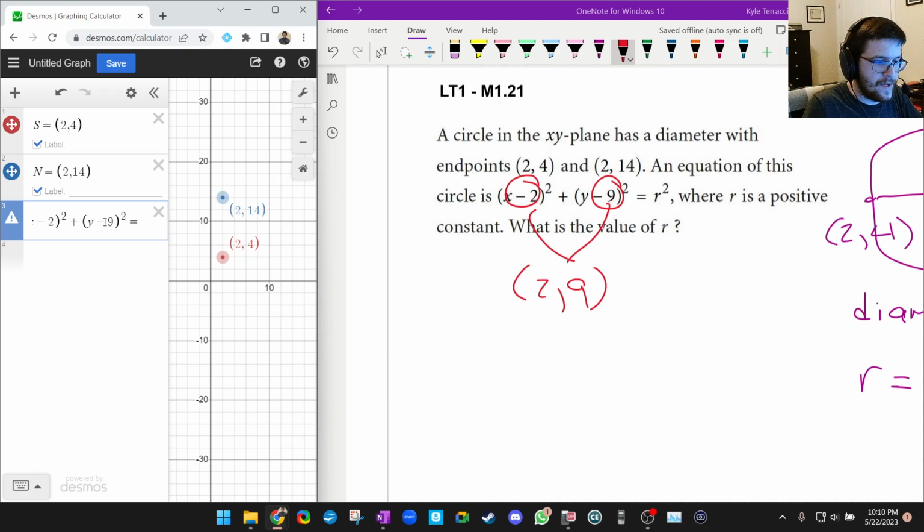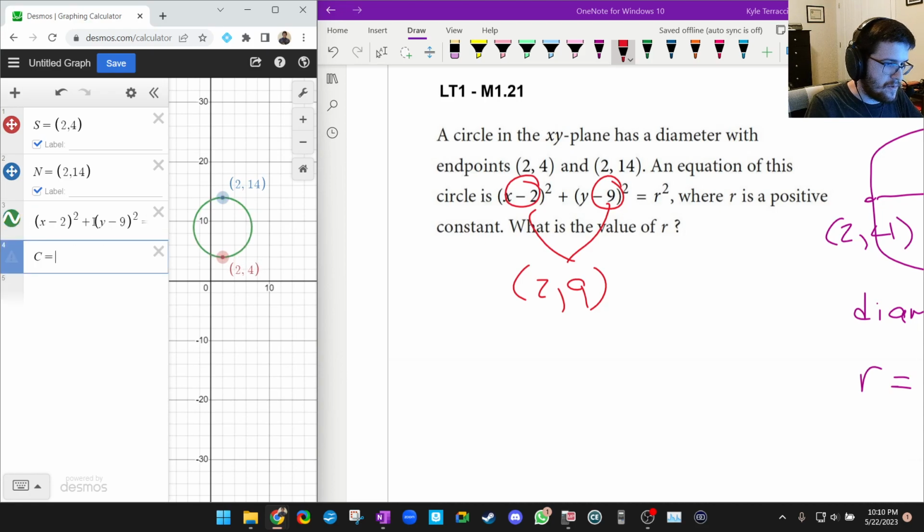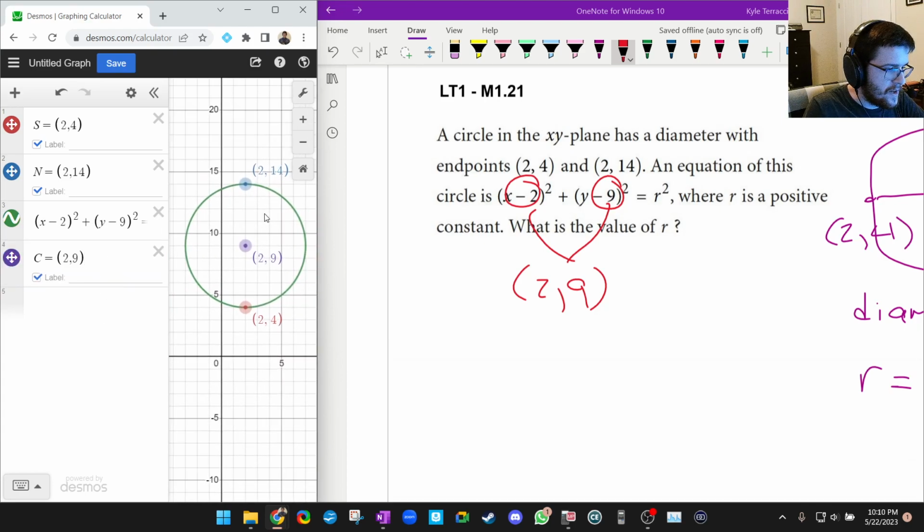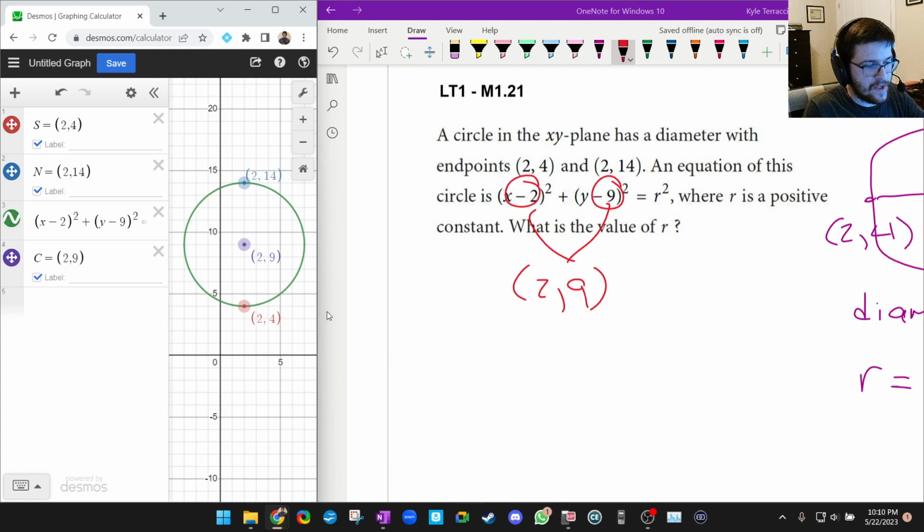Gone over that in many videos at this point. And r squared, so that should be 5 squared. And then let's put the center as well, which we just said is 2, 9. So you see we can verify that our work is right. See how it perfectly goes through those 2 diameter endpoints that they gave us? So that means we did a good job.